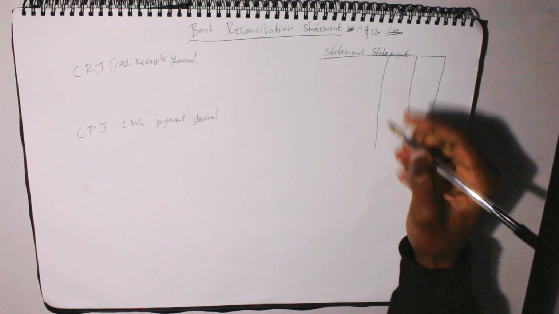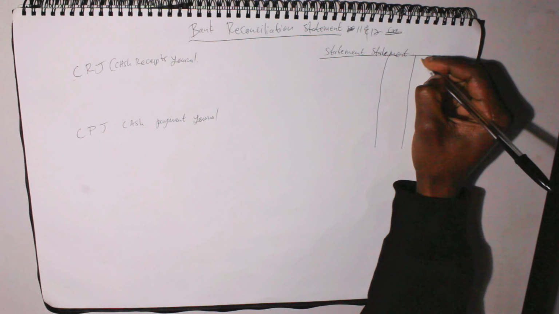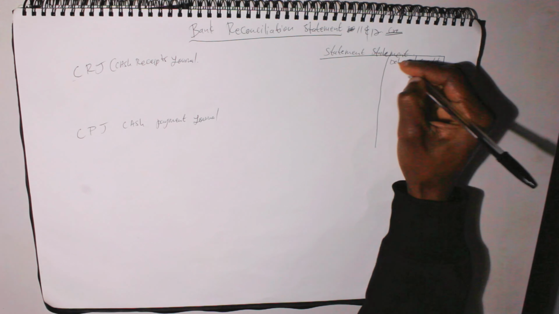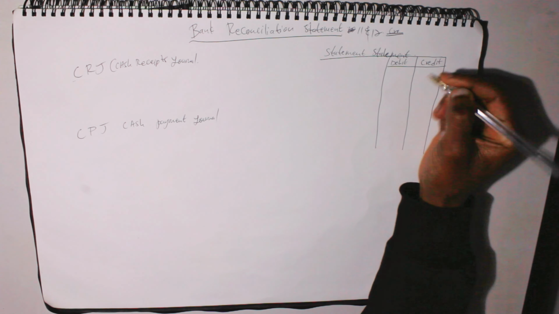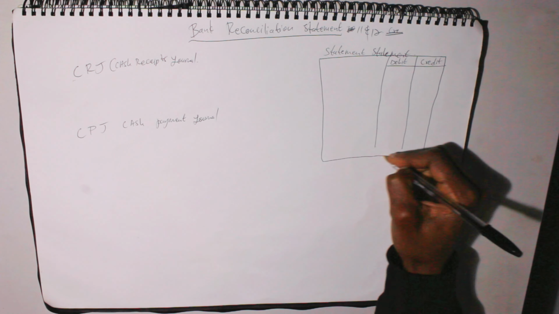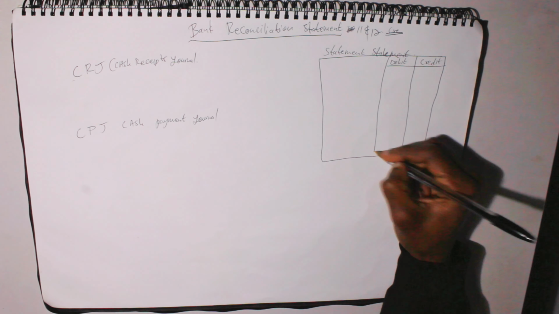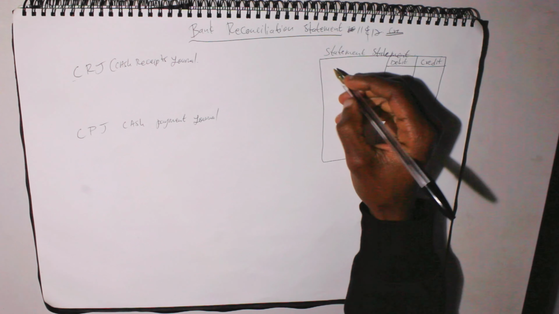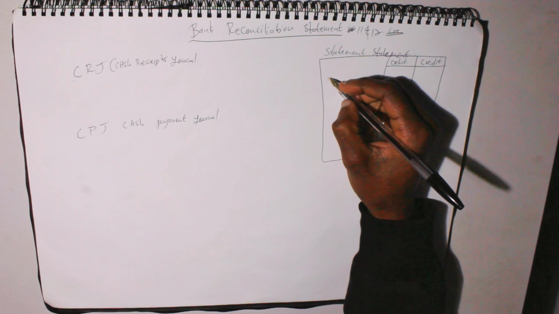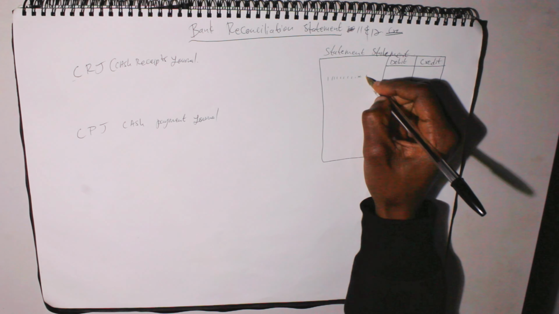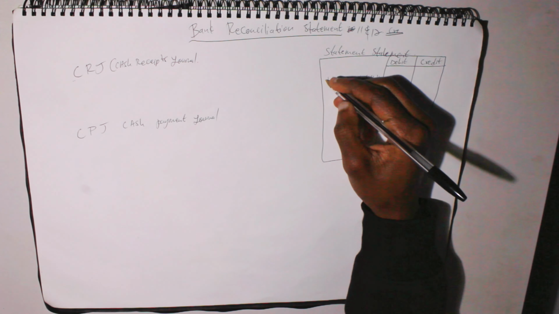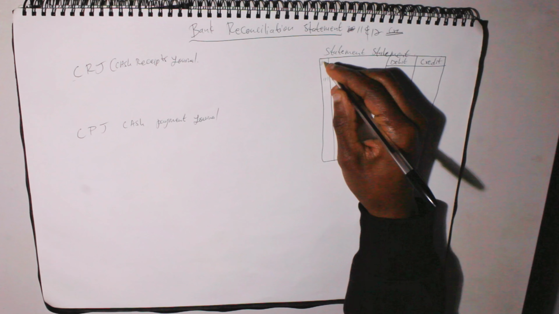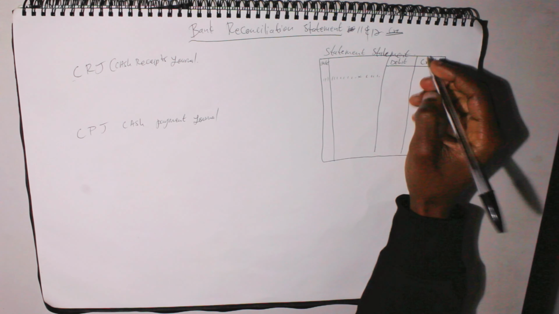It has the credit column and the debit column. So you will see your bank statement looks like this, and we have the description here of whatever is taking place on that day. Of course, it has the date somewhere here. Now here are the balances.